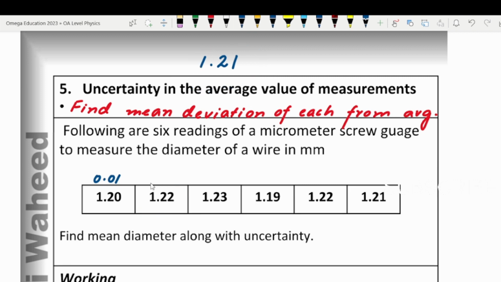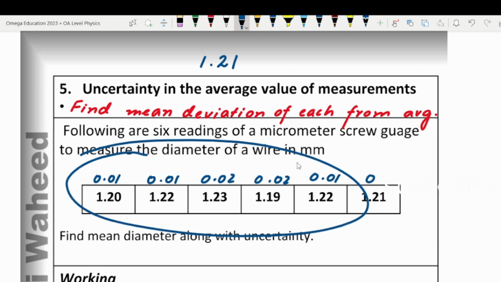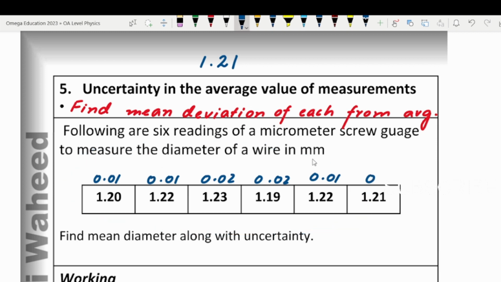That is again 0.01. How about the next one? You subtract these two, you get 0.02. How about the third one? Once again 0.02. Fifth one 0.01. The last one 0. So these are the deviations of each quantity from the average value.